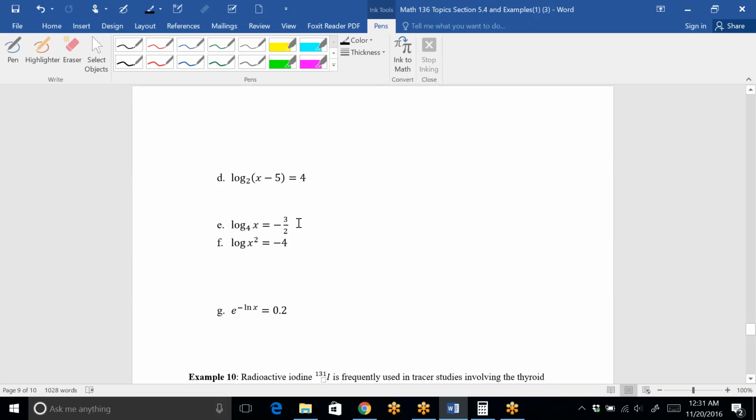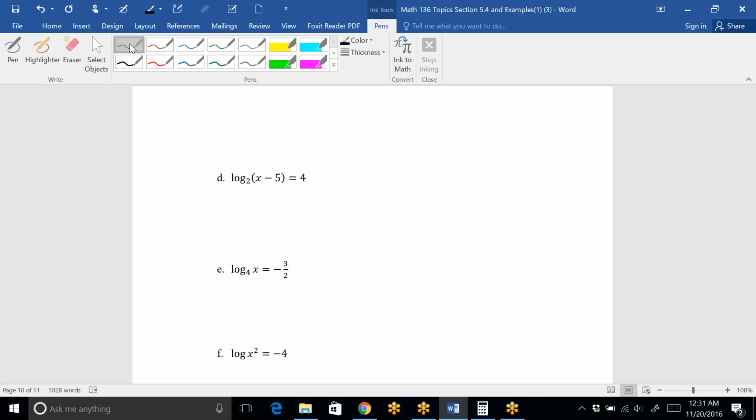Now, where people get into trouble is when they get to these problems and they want to try to drop the log. Notice that this does not have a log on both sides. If you only have one log on one side, you can't drop the logs.